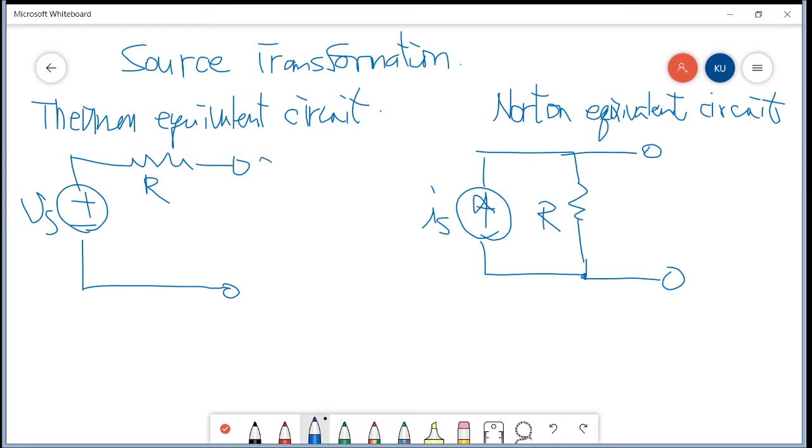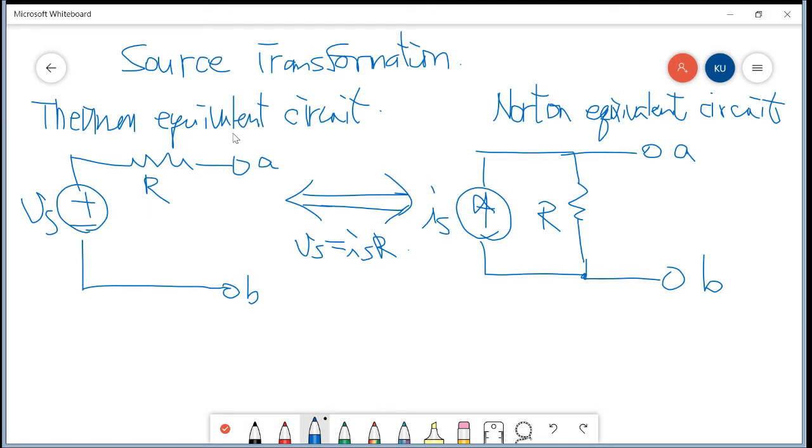And we call these terminals A and B, something like this. So they are equivalent under the condition that Vs equals Is times R. So no matter if the circuit originally looks like this, Vs in series with a resistor R, or you can put R here, since they are in series the order is not so important.